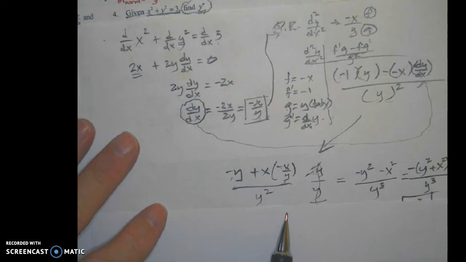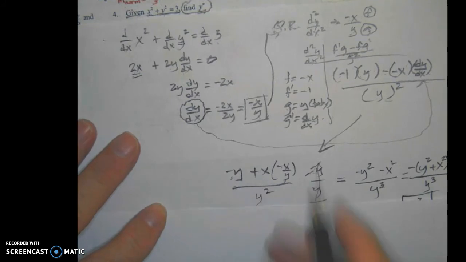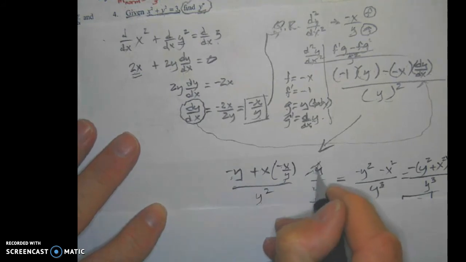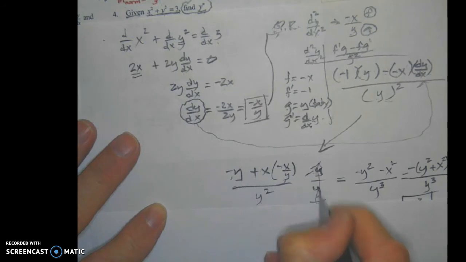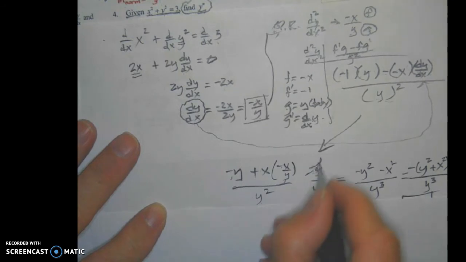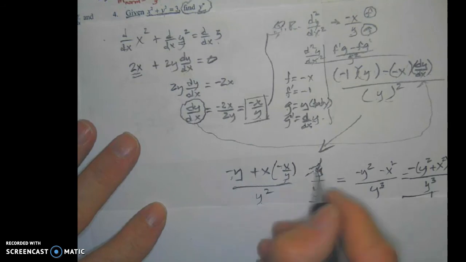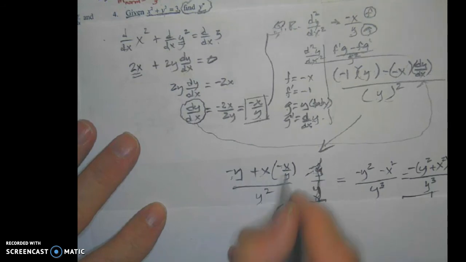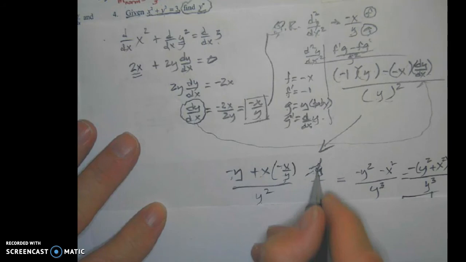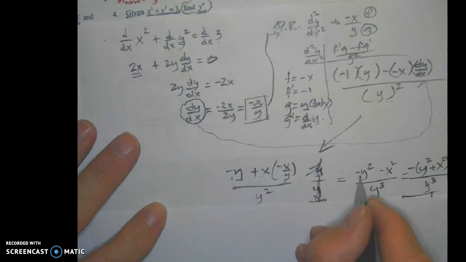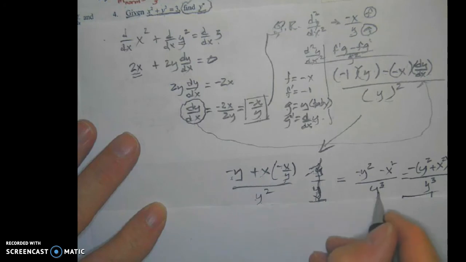And that's divided by y squared. Now if I multiply everything by y over y, that's a form of 1, so I haven't really changed my rational expression, but I'll get rid of the denominator y here. So y times this term will leave me with x squared, and y times this term will give me a negative y squared. Y times the denominator gives me y cubed.